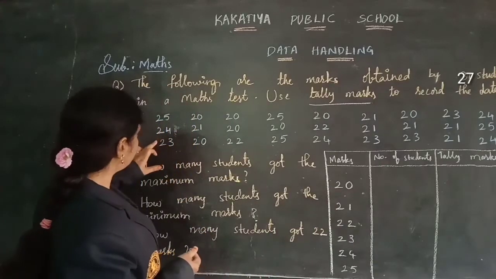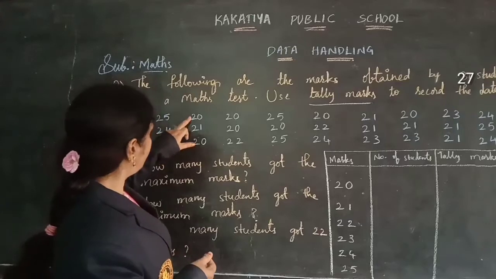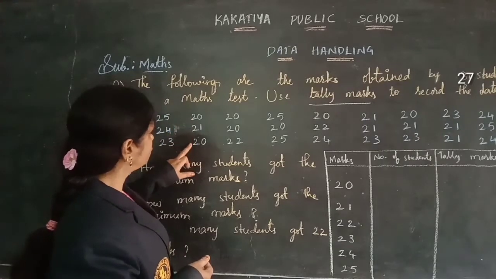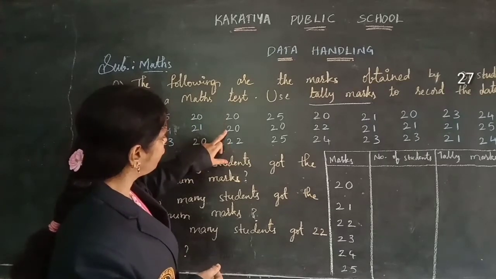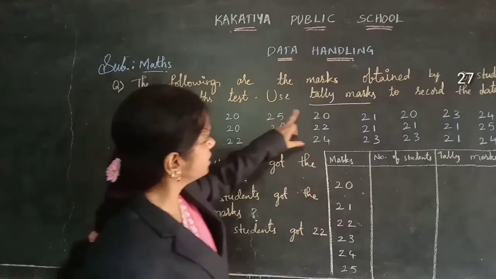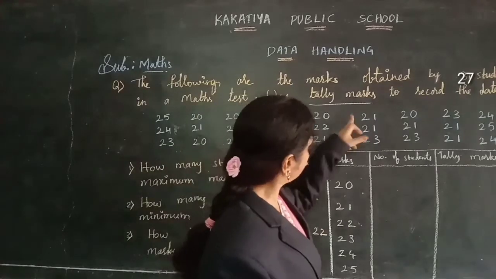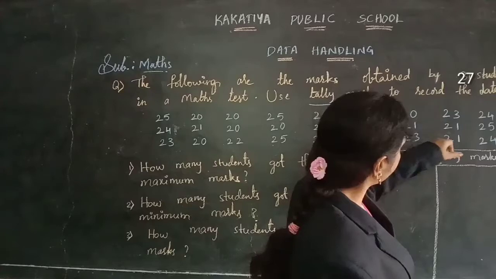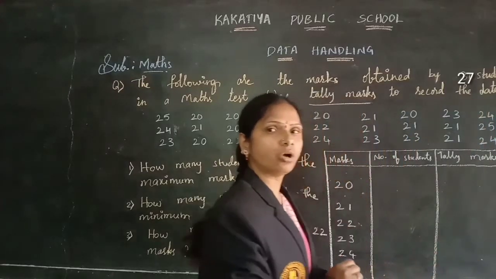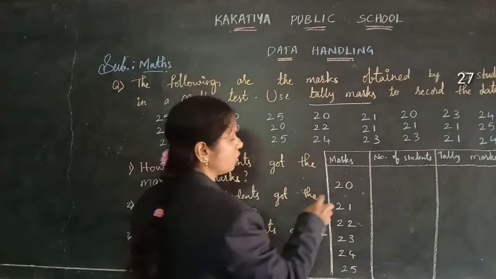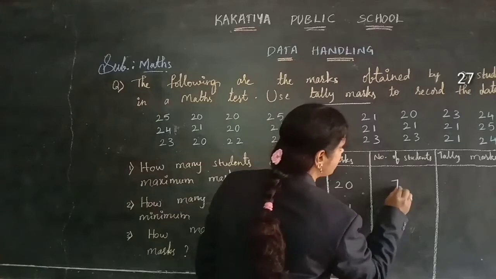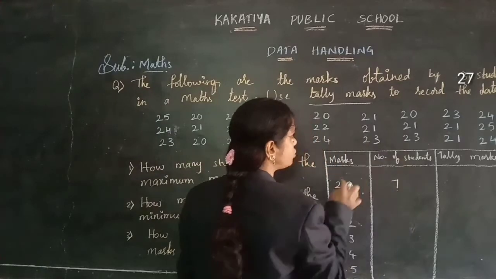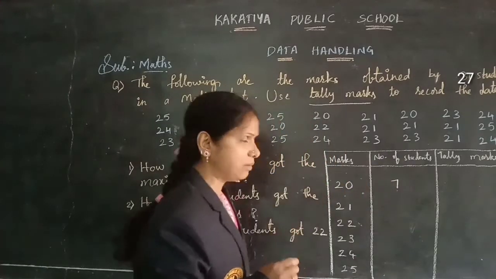See, here in this column we don't have 20, and here we have 1, 2, 3, 4, 5, 6, 7. 7 students got 20 marks. So in this row we need to write 7.